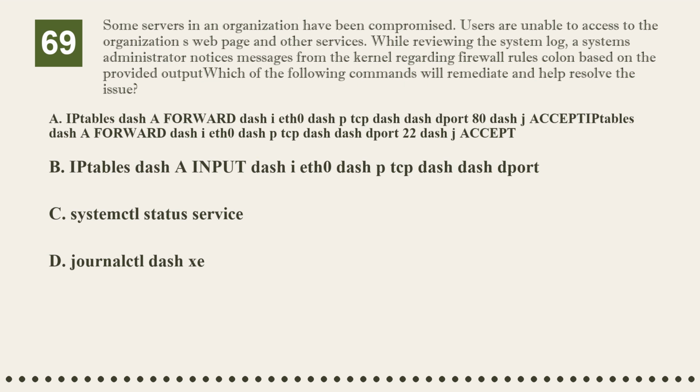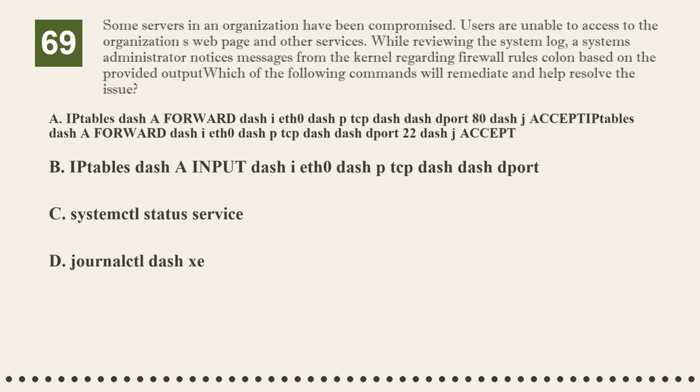Question 69. Some servers in an organization have been compromised. Users are unable to access the organization's web page and other services. While reviewing the system log, a systems administrator notices messages from the kernel regarding firewall rules. Based on the provided output, which of the following commands will remediate and help resolve the issue?